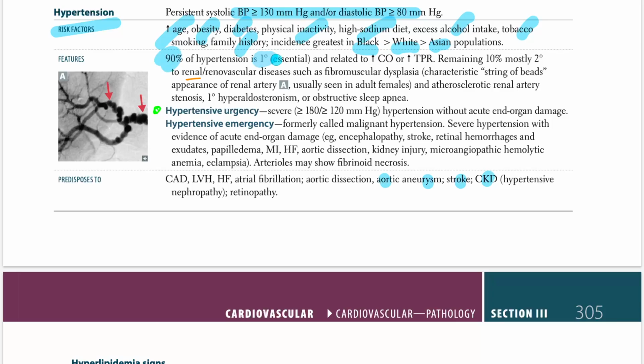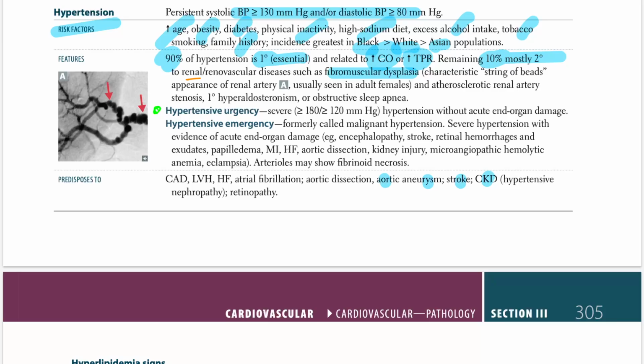The features are important. 90% is just primary essential hypertension, in which case you're just increasing the cardiac output or increasing the TPR, while the secondary ones are due to some other secondary cause, which is about 10%, in which case you have fibromuscular dysplasia of the renal artery, which will give you the string of beads in an adult female, high yield.